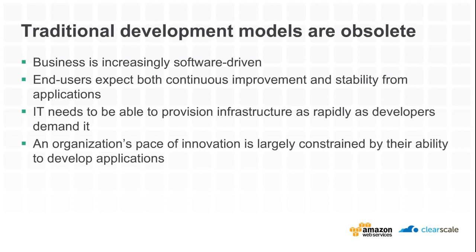And finally, an organization's pace of innovation. So innovation is really the key word here, because innovation is driving pretty much every aspect of the growth in the SMAC area. When I say SMAC, S-M-A-C, it's social, mobile, analytics, and cloud. These four domains are taking on the next generation of IT organizations.